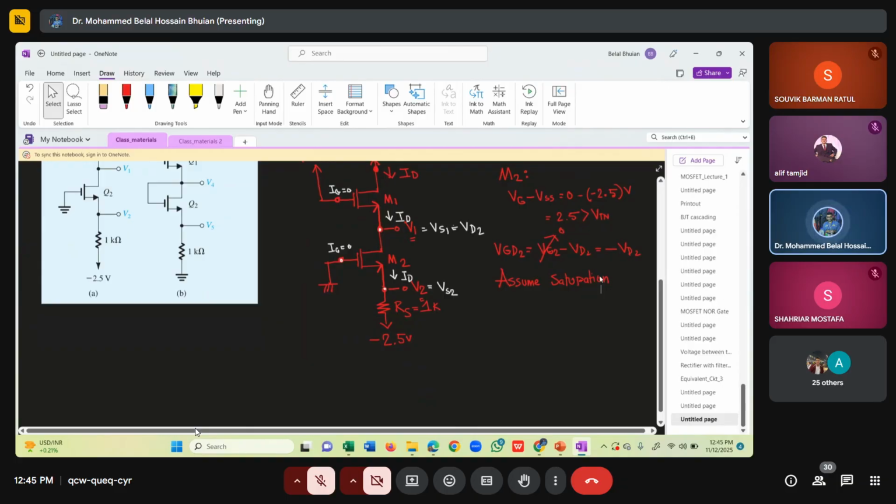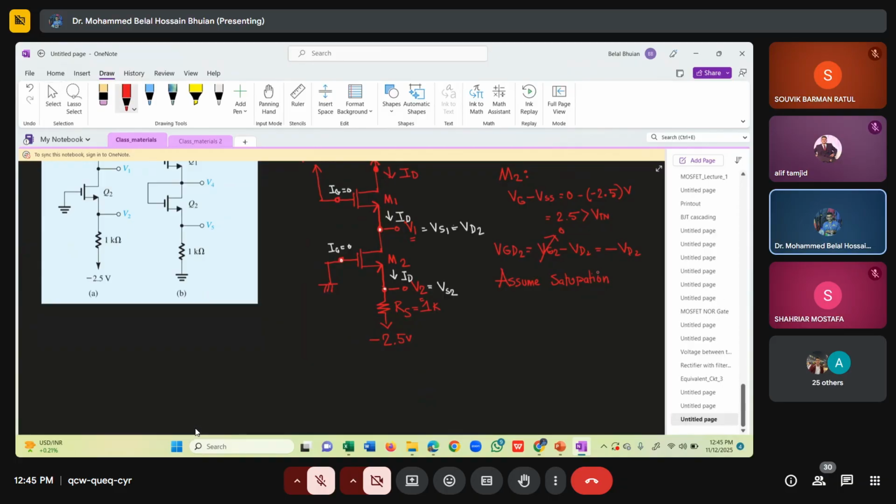If you assume saturation, we know the current ID equals Kn (VGS2 minus VTN) whole square. Also, like we did in a couple of more problems, same problem.